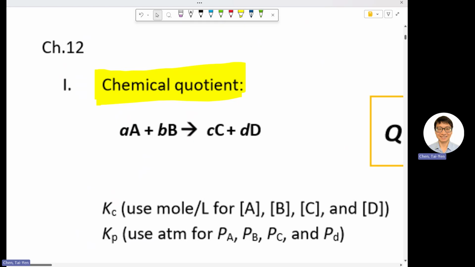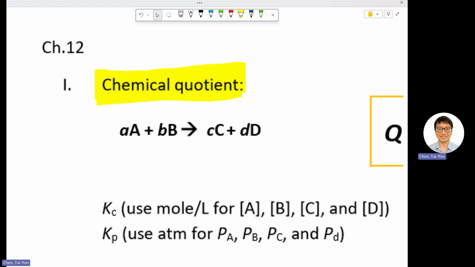Do you see the difference now? Q and K are different. K is a unique value, a constant, at equilibrium. You can write out and calculate Q using the same equation, but it has a very different meaning.